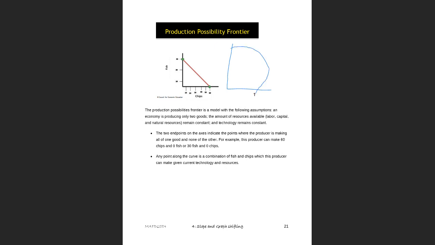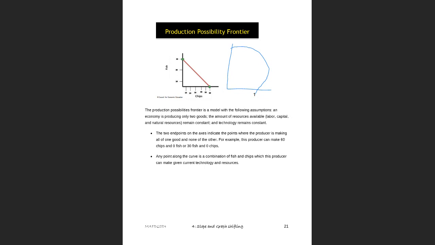But normally we write it as a line. The opportunity cost is not constant, so as you go along the curve, the opportunity cost increases.